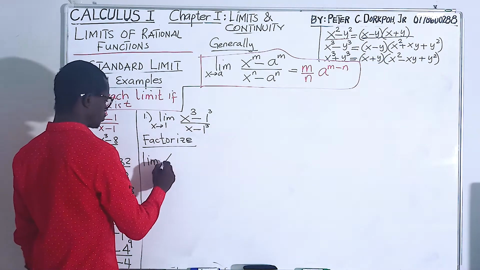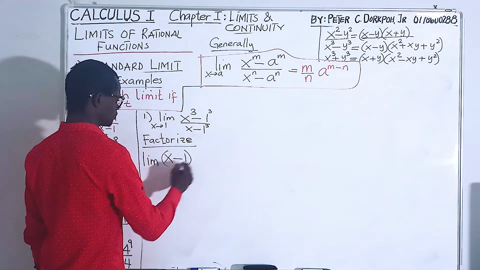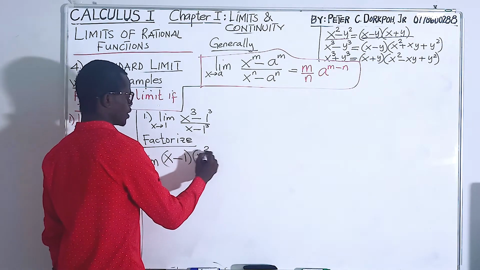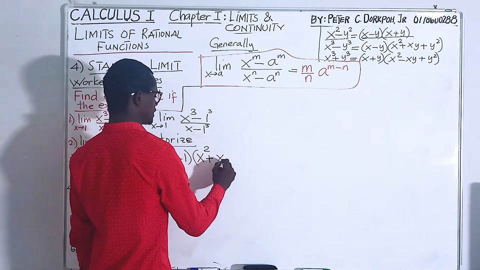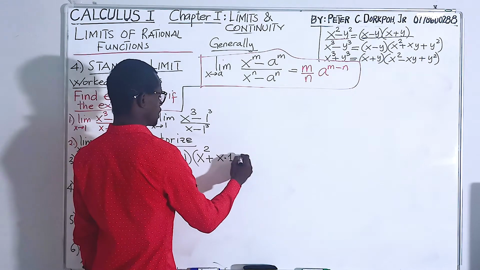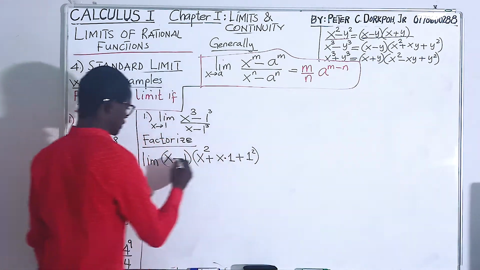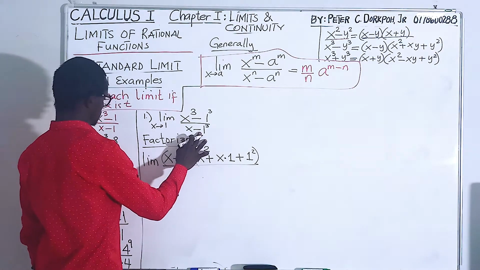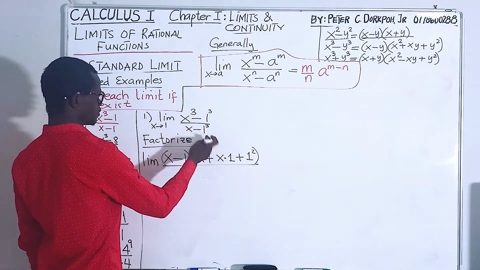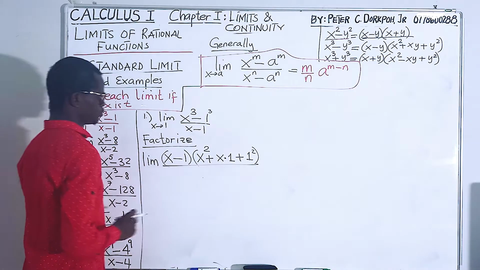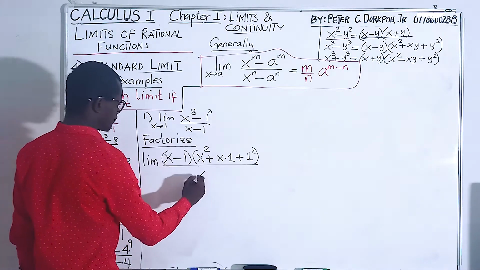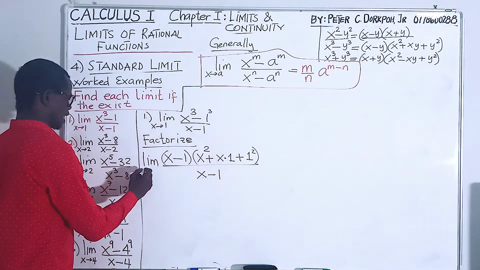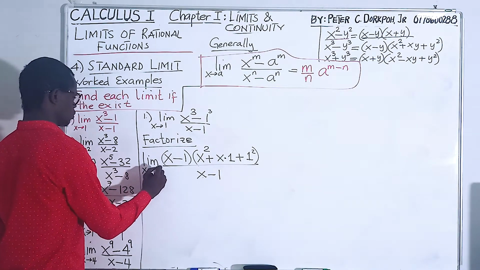So the numerator now will be x minus 1 times x squared plus x times 1 plus 1 squared, divided by the same thing down here, which is just x minus 1, so there is no cube to it, as x now approaches 1.